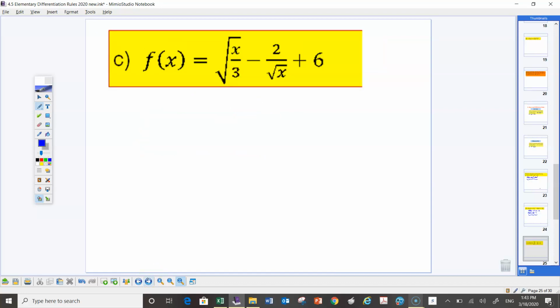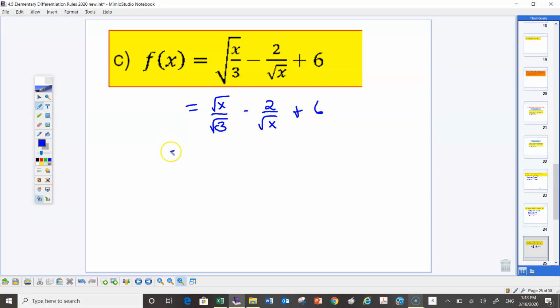All right, in our third example, we have some radicals to deal with, and like we did earlier on in section 4.5, any variable that is under a radical, you must write it as a variable to a fractional exponent. So the first thing I'm going to do is break up my fraction into root x divided by root 3 minus 2 over root x plus 6.